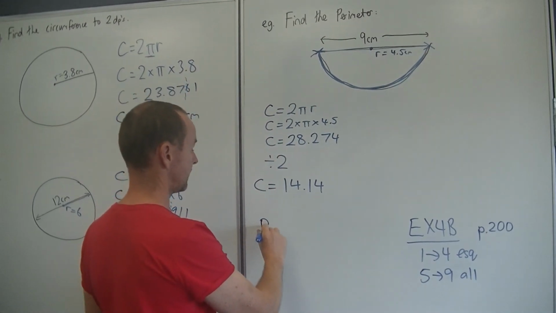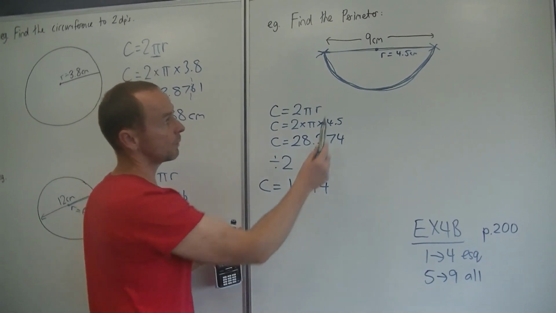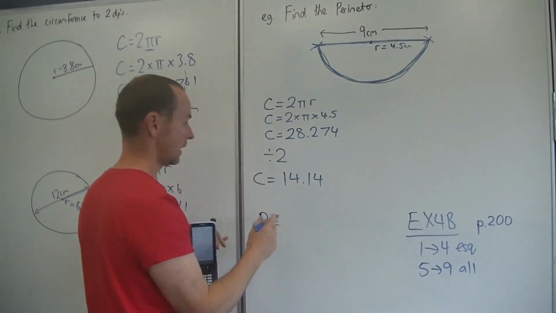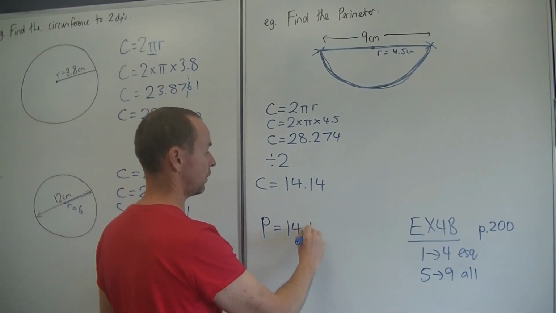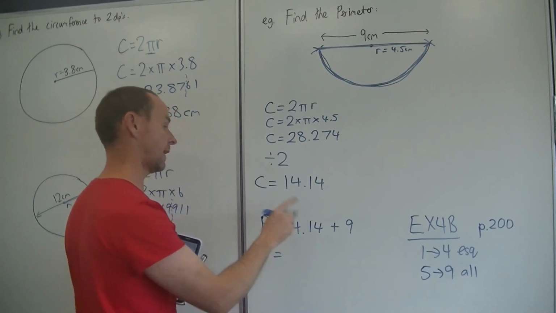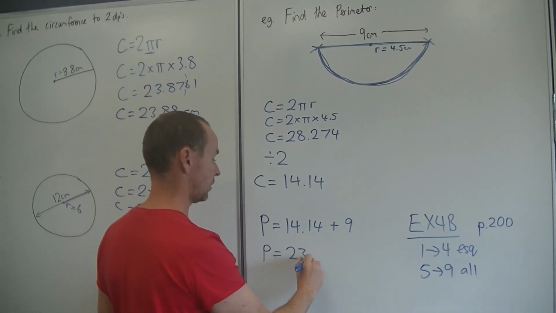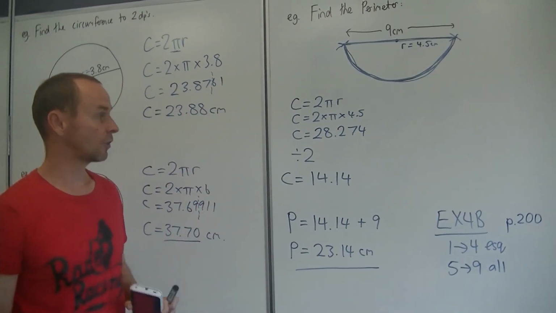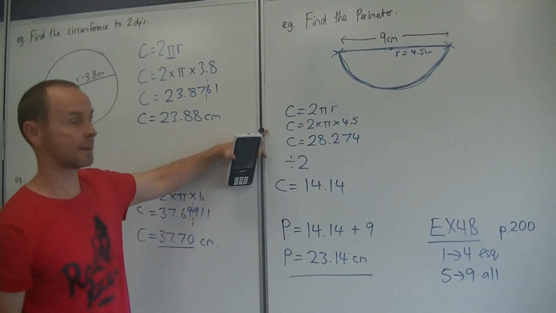But to work out the perimeter, our last step, there's something we're forgetting. We're forgetting this distance across there, which is 9 centimetres. So our perimeter is 14.14 plus the 9 centimetres. You can use a calculator if you want, or you can just say it's 23.14 centimetres using mental maths. So hopefully that makes sense. I'll go through the steps again.